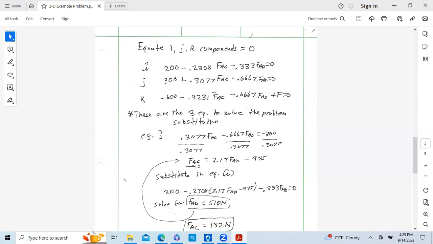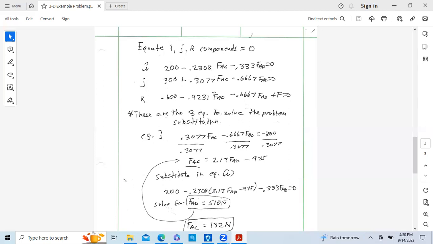Then I took this FAC and I put this back into equation I. So I went back to equation I, which is this equation. So I solved for FAC in terms of FAD, which means the only term I have here is FAD, which you see down here, my substituted, which is a very simple calculation to solve for FAD.